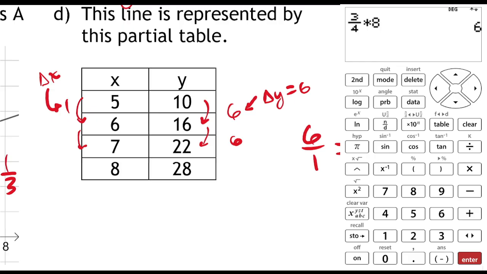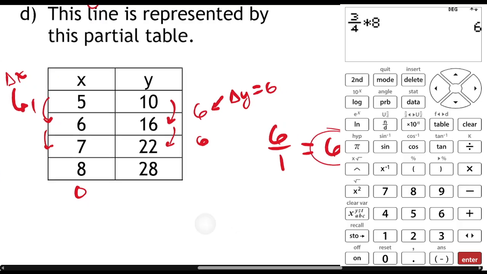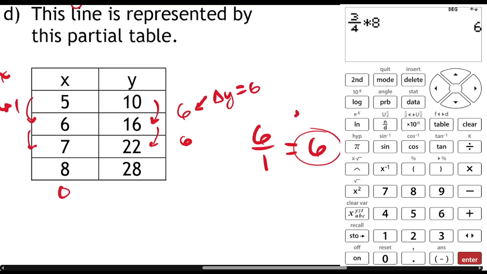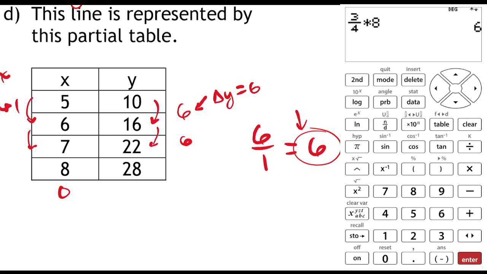Now, one of the things we don't see is x is 0 listed in the table. If it was, we would clearly see our y-intercept, but we don't have that. So what we have to do again is figure out what our y-intercept would be. So we're going to use our slope, which is 6, and one of these points, and it doesn't matter which one at all, I'll use the last one. And I'm just going to write, here's our y value.